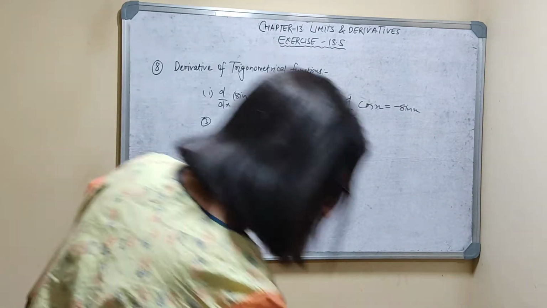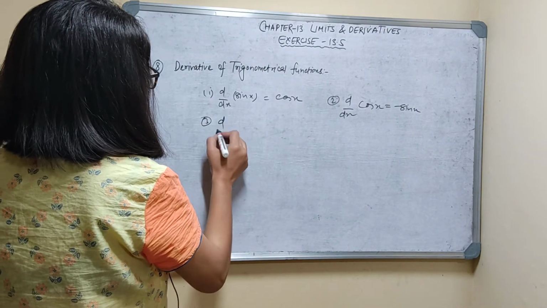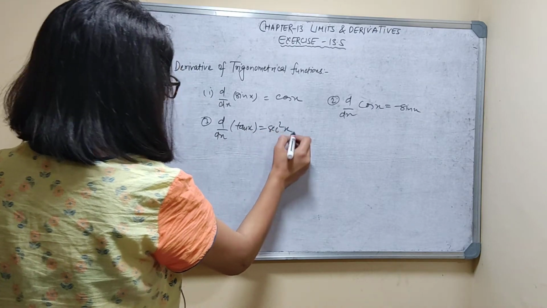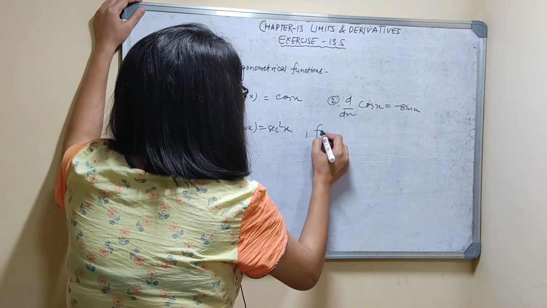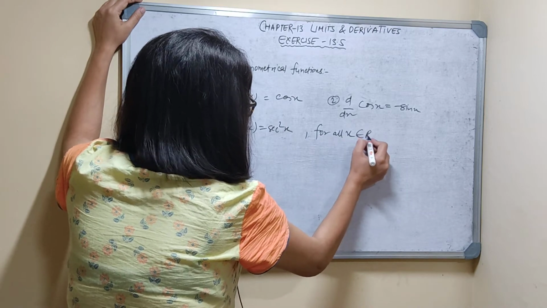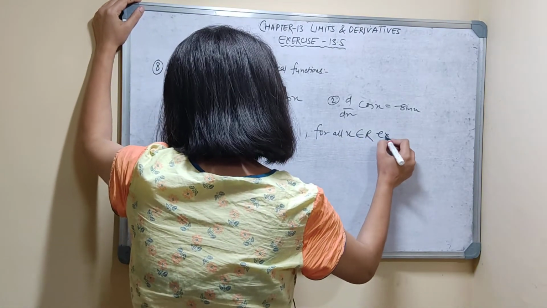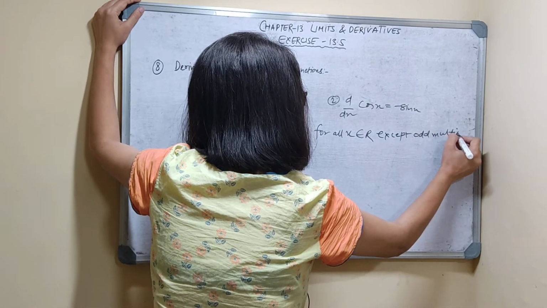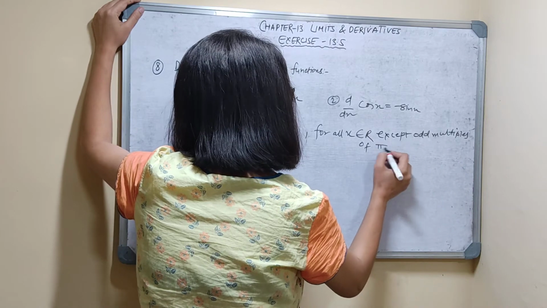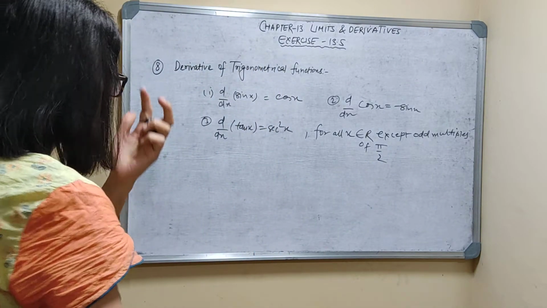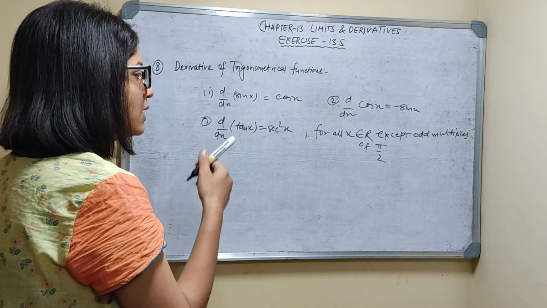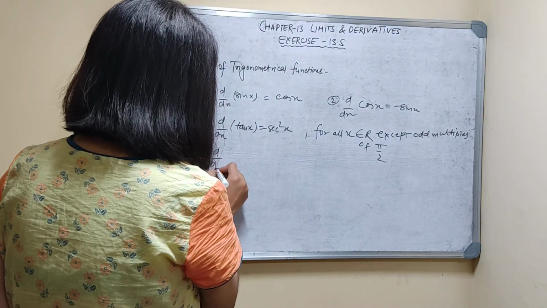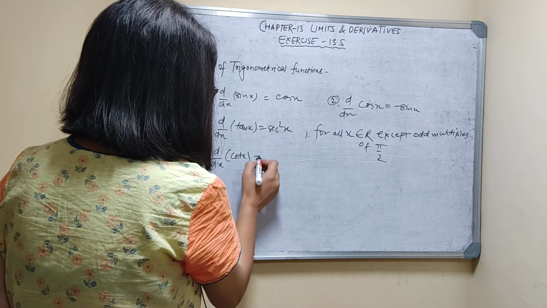d by dx of tan x is equal to what? Sec square x, for all x belonging to real numbers except odd multiples of pi by 2. d by dx of tan x is equal to sec square x for all x belonging to real numbers except odd multiples of pi by 2. d by dx of cot x is equal to what?